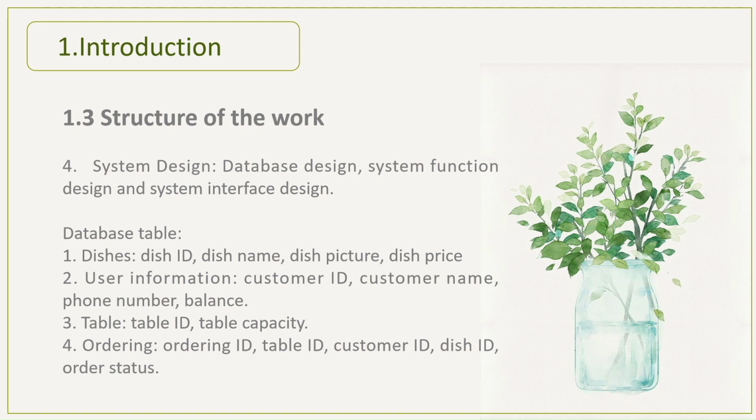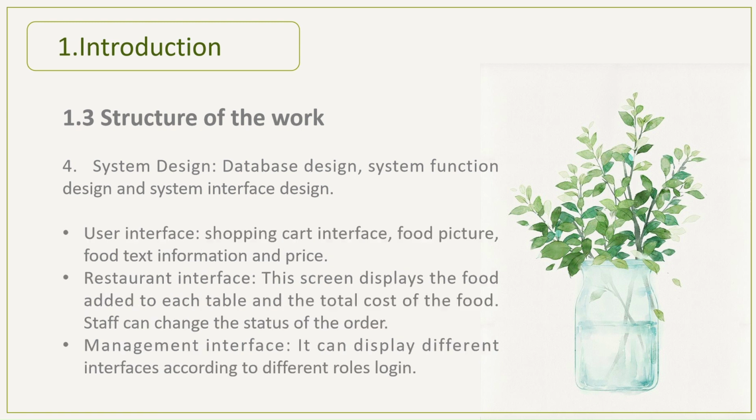And the system interface design is to design the interface for each model of the system to fulfill the user's needs. It includes the user interface, restaurant interface, and the management interface.